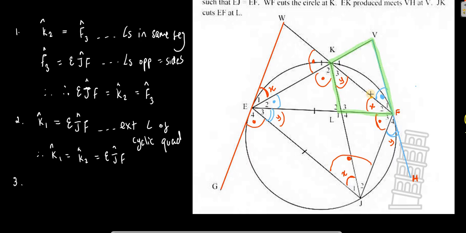So our only best bet is to prove that one of the exterior angles is equal to the interior opposite, and most probably is to prove that K2, not K1 because K1 is not an exterior angle, but K2, right? We need to prove that K2 is equal to F1 plus F2. That is our task.